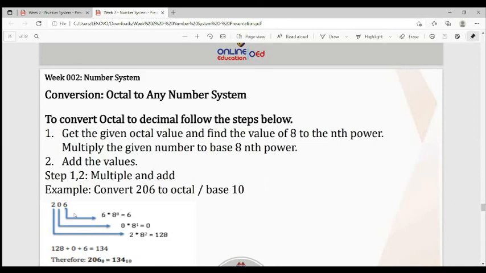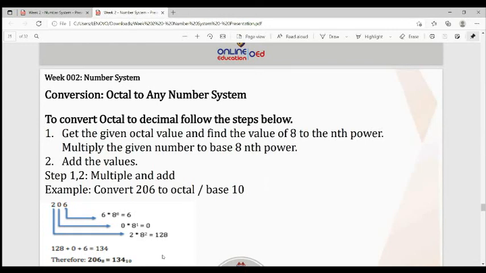Then here, we have 8 raised to 2. 8 raised to 2 is 64. 64 times 2 is 128. Then after that, we will just add 128 plus 0 plus 6.